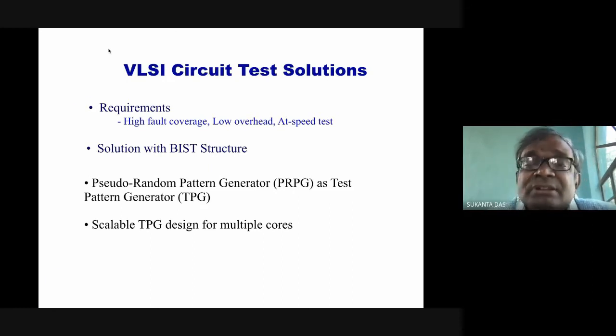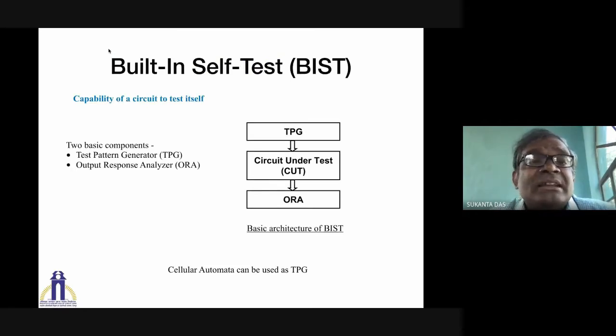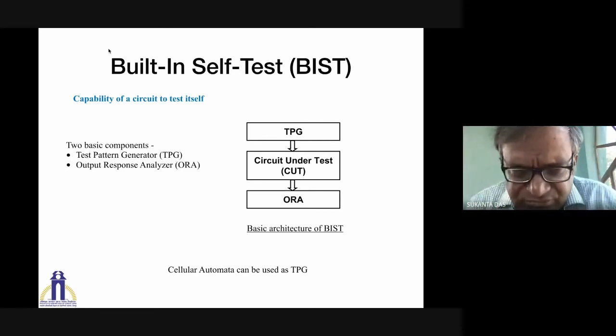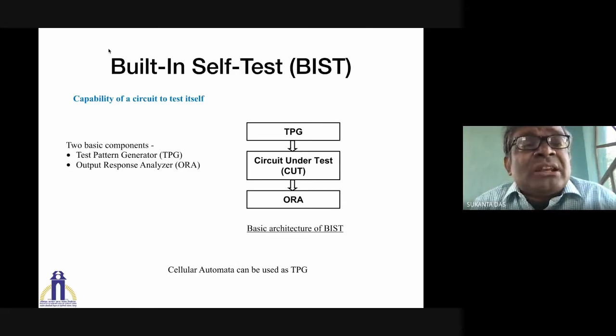Now let us briefly discuss what is built-in self-test. You understand its name, built-in self-test. It is the capability of a circuit to test itself. So you are developing some electronic circuitry.